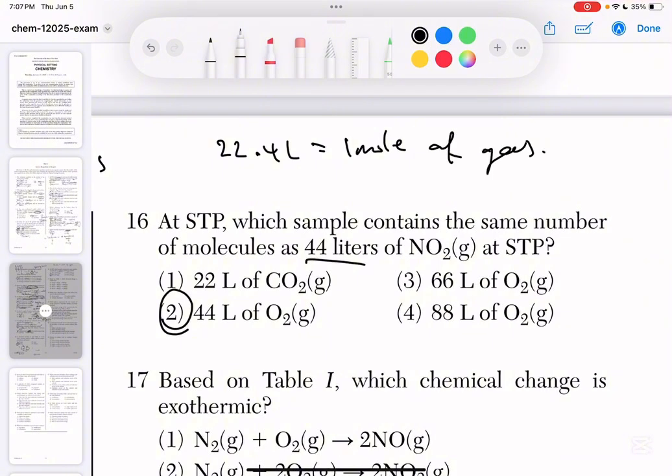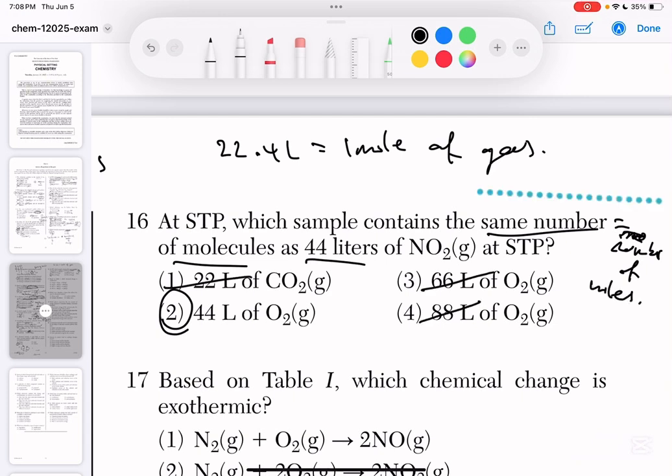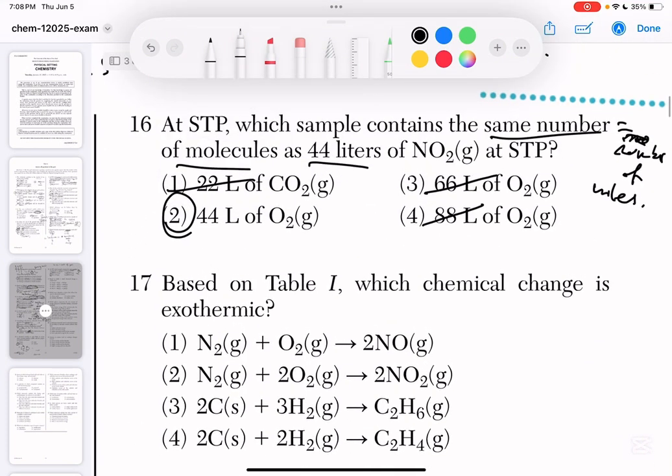So same number of molecules equals the same number of moles. So this wouldn't be right, this is not right, and this is not right either. Because this would be 1 mole, 3 moles, approximately, and 4 moles.